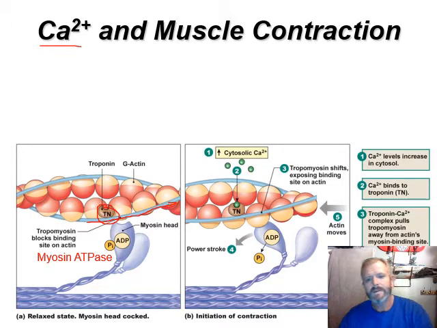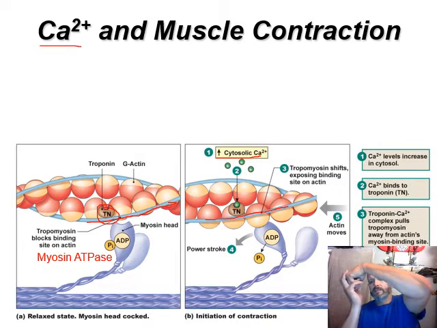All right. Now we get our calcium. We'll talk about how we get it, but we get our calcium from our sarcoplasmic reticulum. We release calcium from the sarcoplasmic reticulum, it binds troponin. Troponin moves tropomyosin, and now we can get that interaction of the myosin and actin head, and we'll see we can get what's called the power stroke.